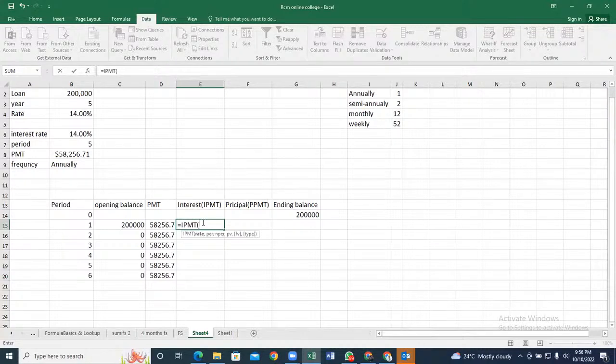In this IPMT function, which item are we required to insert here? Rate. Do we have the rate? Yes, it is this one here, the interest rate, comma, period. It is period 1. We pick that.